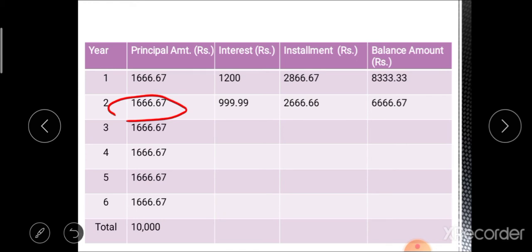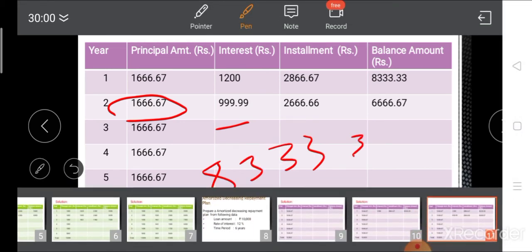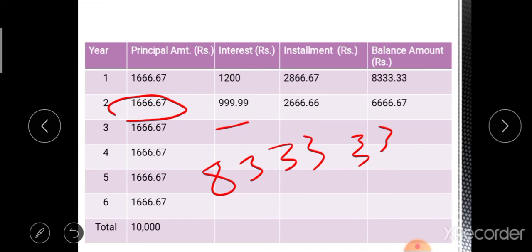Similarly, the calculation for the second year: the principal amount remains constant, so it is the same. Then calculate the interest for the second year. The interest for the second year is calculated on 8,333.33 into 12 divided by 100, we get the interest of the second year.